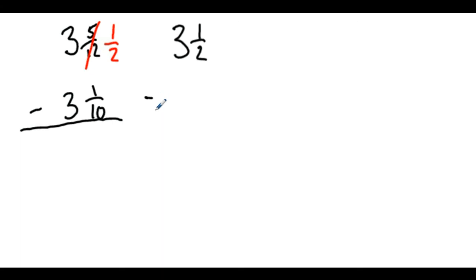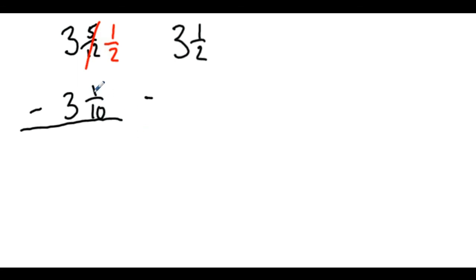Now I'm ready for my next one. I'm going to put my minus sign so that I don't forget to do it. And now I look at an estimation for 3 and 1/10. The whole number will remain, and I'm estimating the fraction. 1/10. Compare the 1 to the 10. Between 0 and 10, 1 is very close to 0. In fact, it's almost 0.